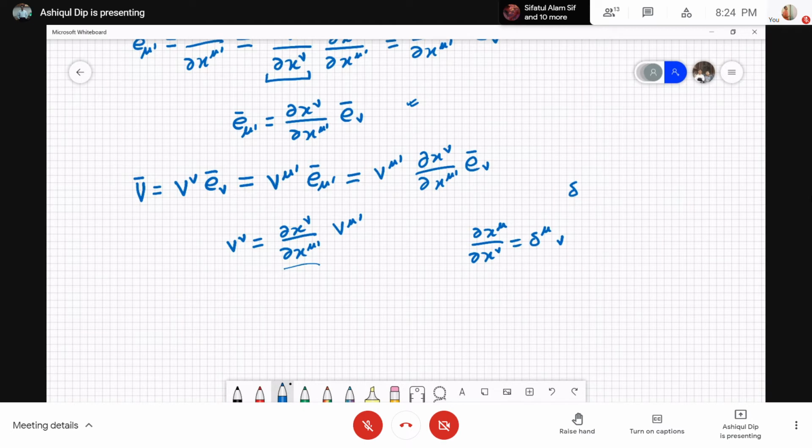Kronecker delta mu nu has the mu coordinate here and the mu coordinate over here. When you write each of the components, it has delta 1 1, delta 1 2, delta 1 3. Here, as you can see, the mu is varying, not the nu. But if it were the other way, if you just vary mu and fix nu to 1, then it will be like this.